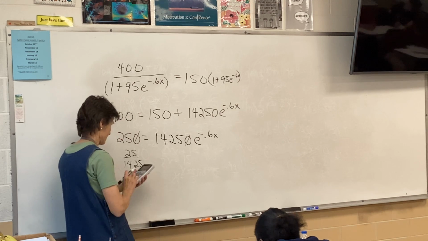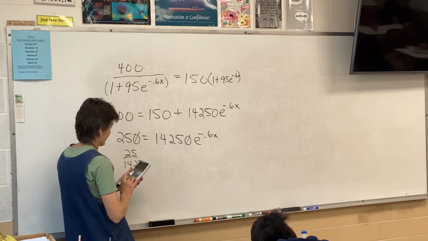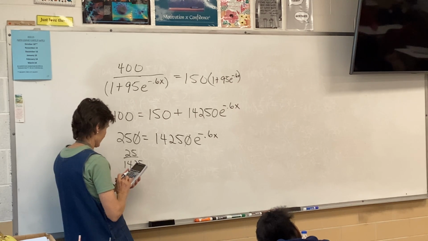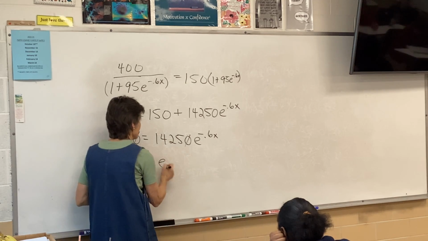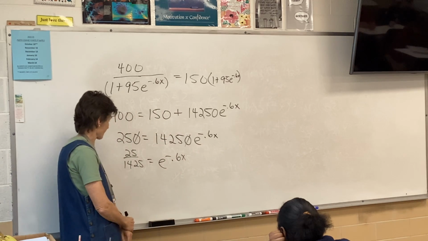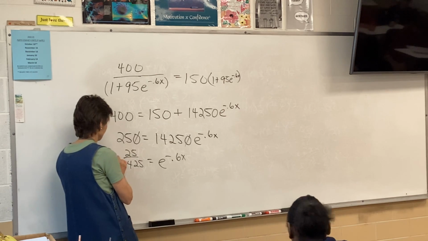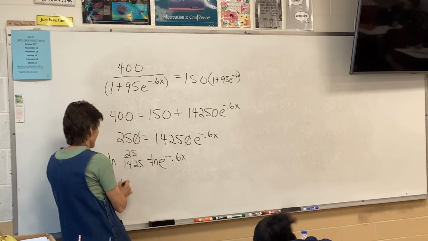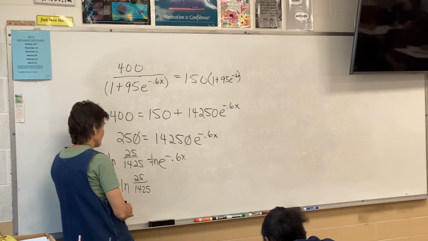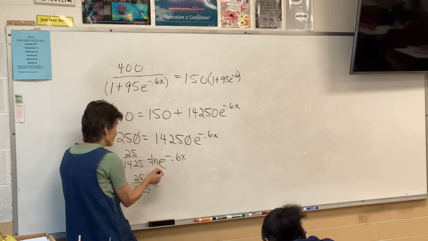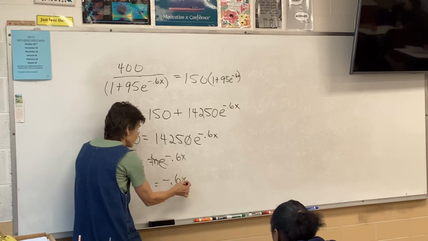Seems like that should go in. It sure doesn't. Okay. All right. Equals e to the negative 0.6x. ln both sides. So ln 25 over 1425 equals, what happens over here when I have this ln and this e? Just negative 0.6x.